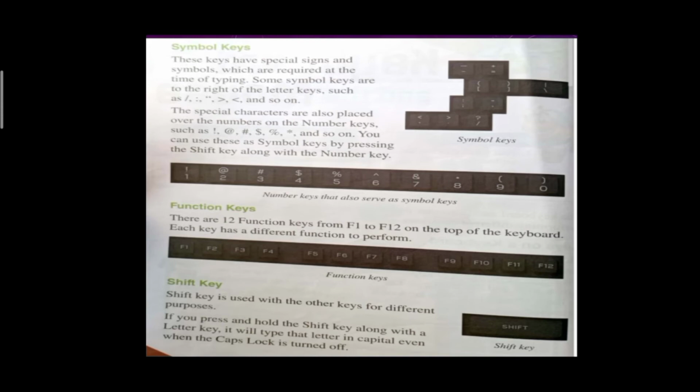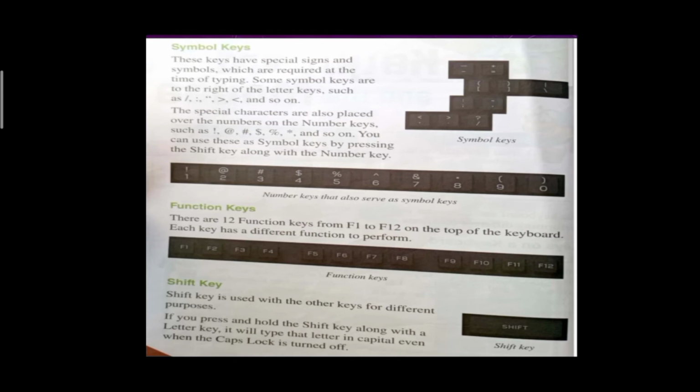And some symbol keys are on the number keys such as exclamatory, at the rate, hash mark, percentage. We can use the symbol keys by pressing the shift key along with the number key. You can see the number keys 1 2 3 4 है ना, उसके ऊपर की साइन में different symbols है. We can type the symbol with the help of shift key along with the particular number key.